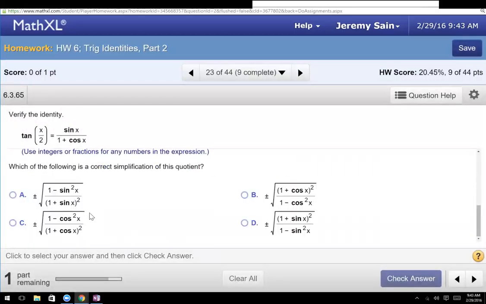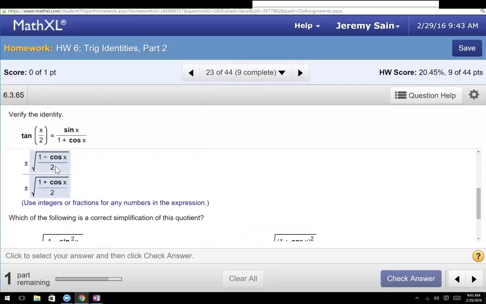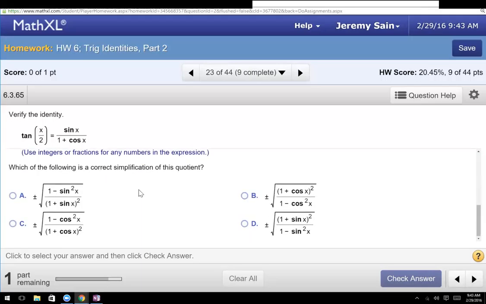Not nice at all. And now we have, okay, well, the over 2's cancel, so I have 1 minus cosine over 1 plus cosine, as I should. And now we're going to look at this and ask which one leads to that. It would be that one, right, because 1 plus cosine, 1 plus cosine, and sine squared is 1 minus cosine squared.